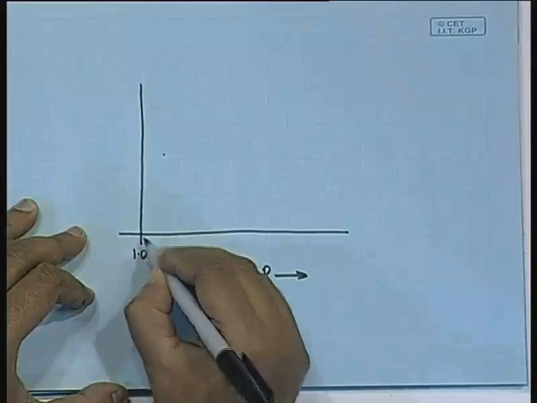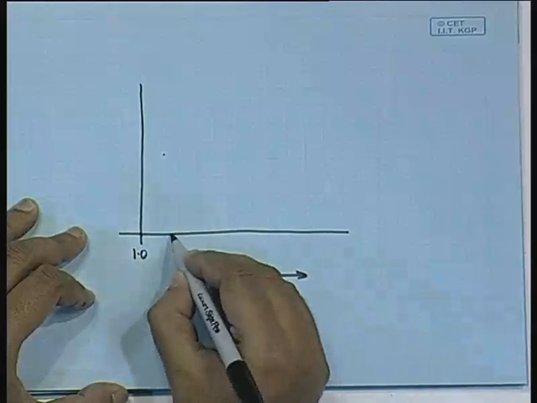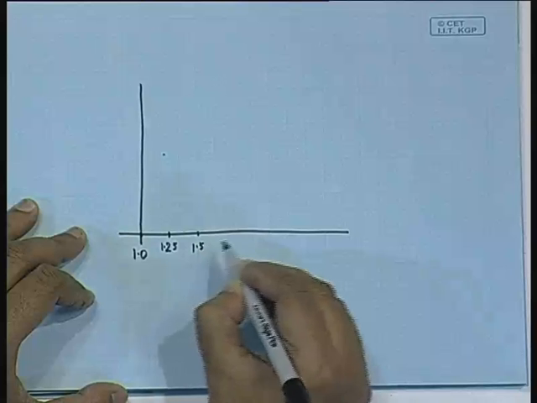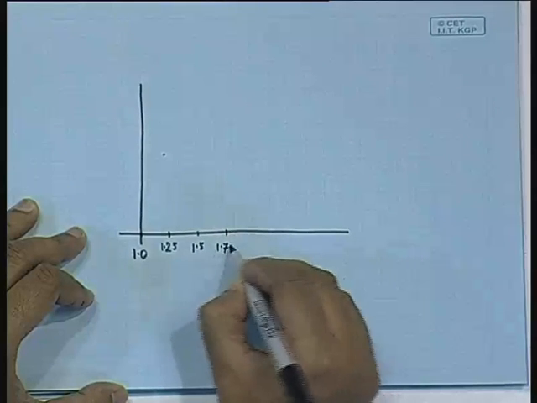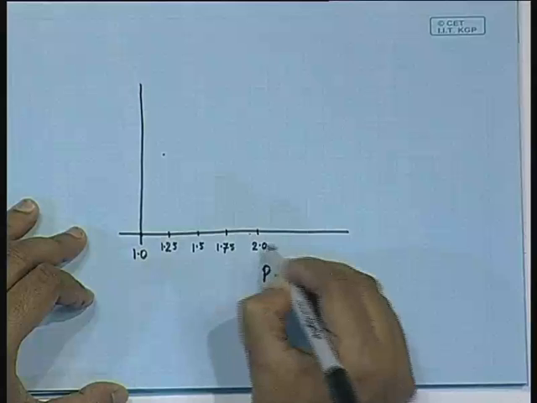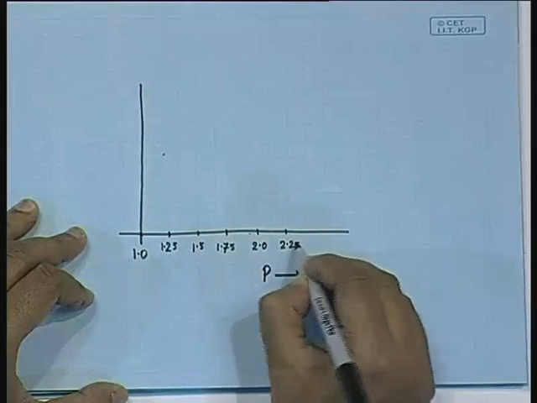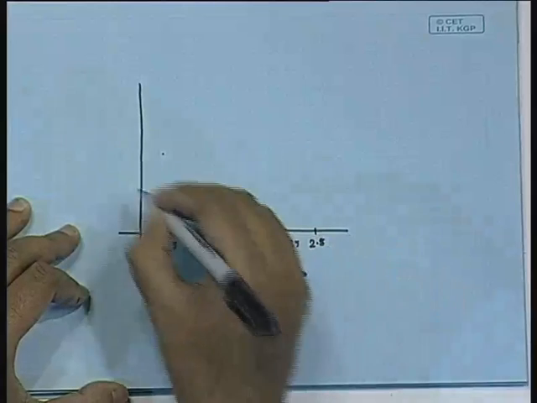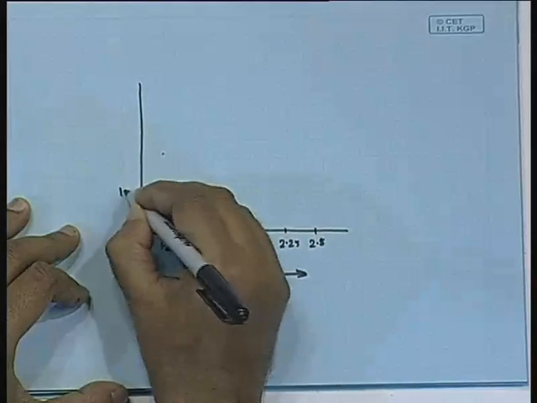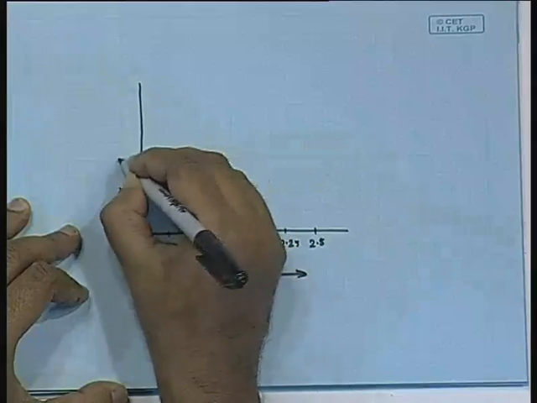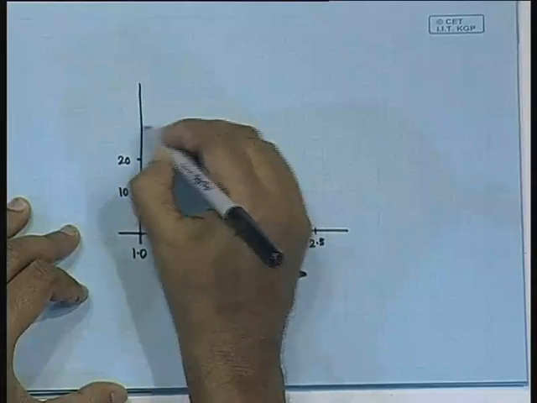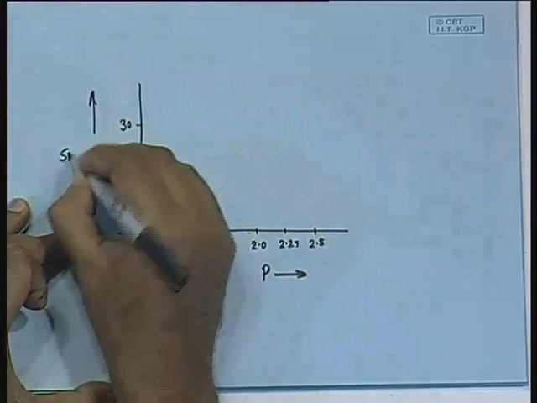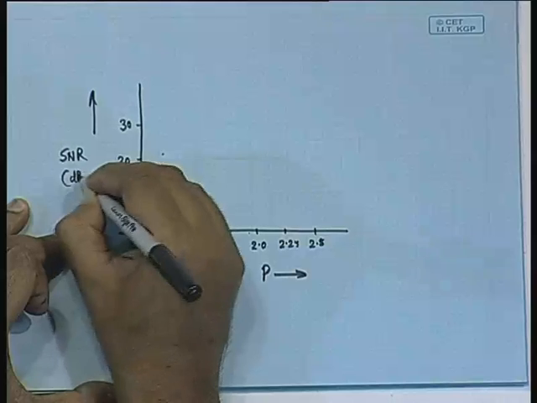We start with P equal to 1, then this is 1.25, 1.5, 1.75, 2, 2.25, 2.5, and on the SNR side let us say this is 10 dB, this is 20 dB, this is 30 dB. So on this axis we are plotting the SNR in dB.